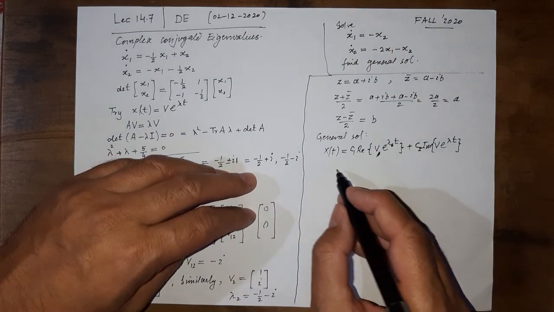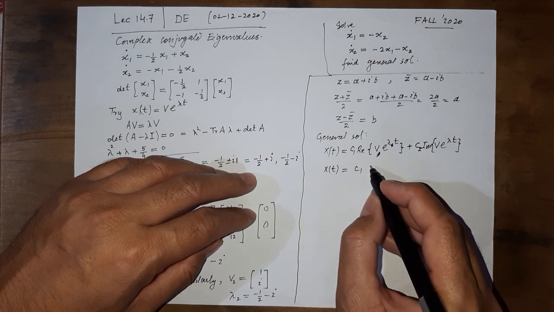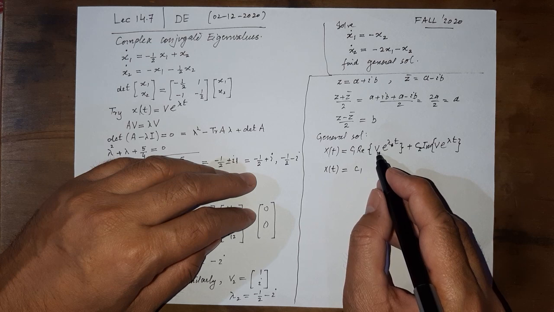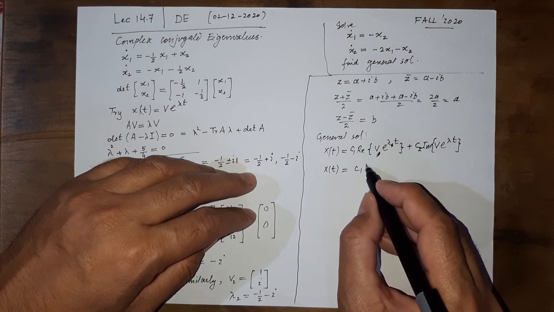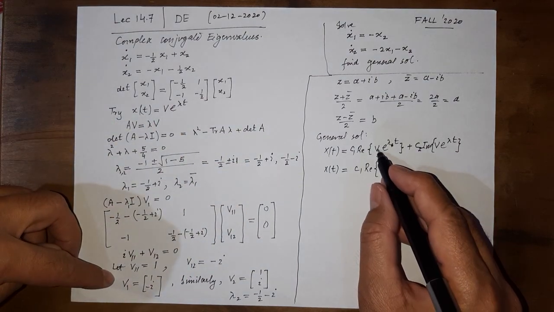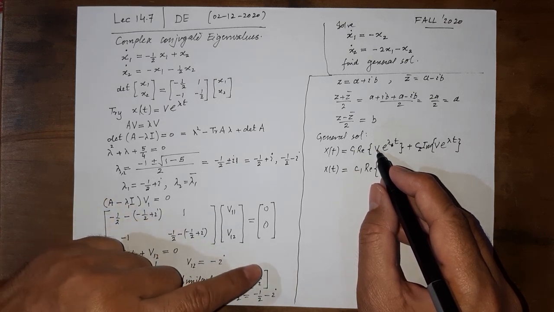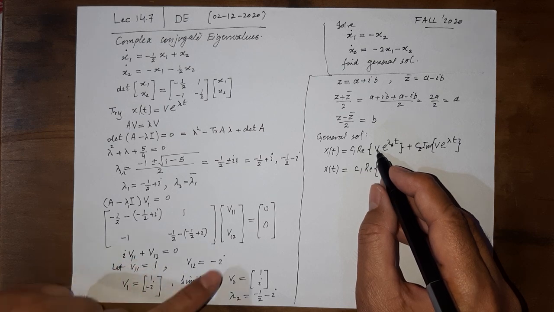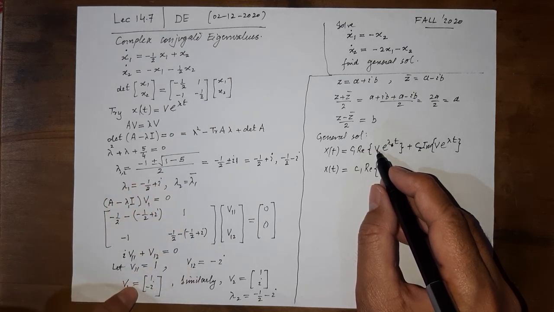So for this particular example, we are going to get x(t) is equal to c1 times the real value of, let me just put in the values in a few steps so that you do not get confused. This v is 1. It does not matter whether we take 1 iota or we take 1 minus iota. However, it is important which one corresponds to which lambda. So when lambda is this one, we get v1 this.